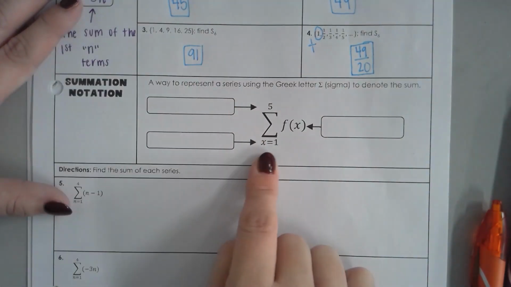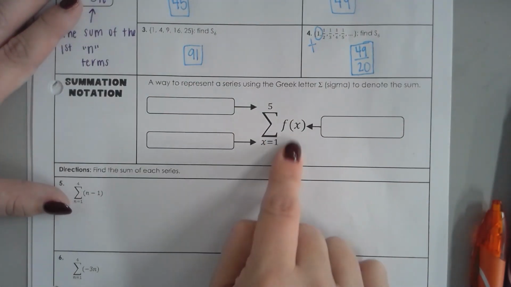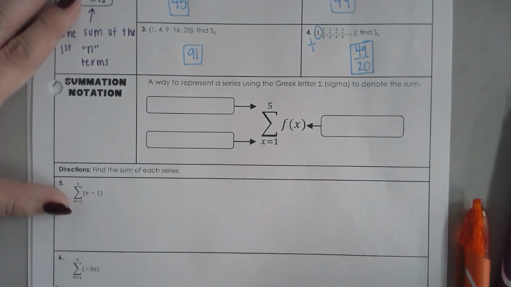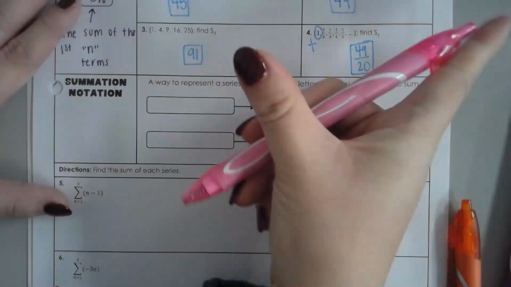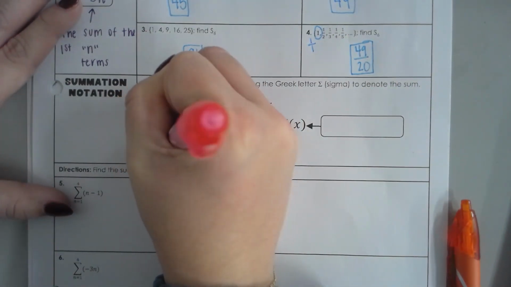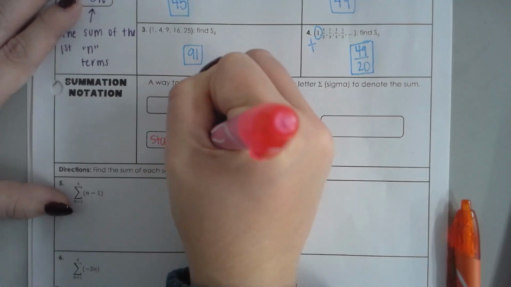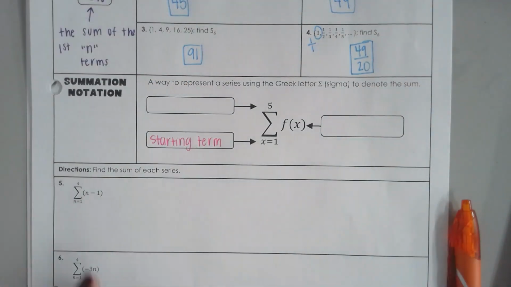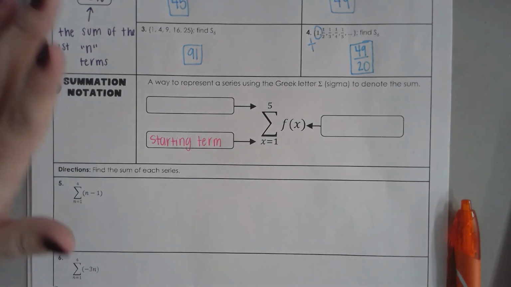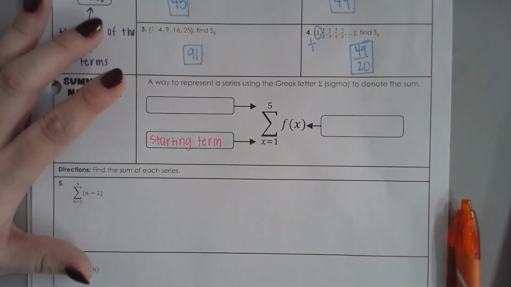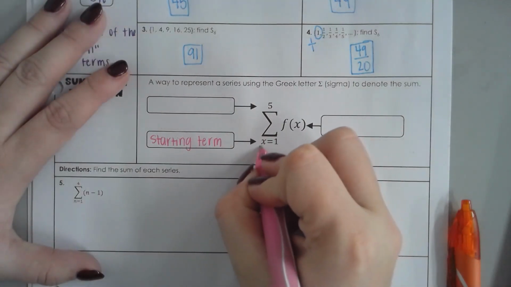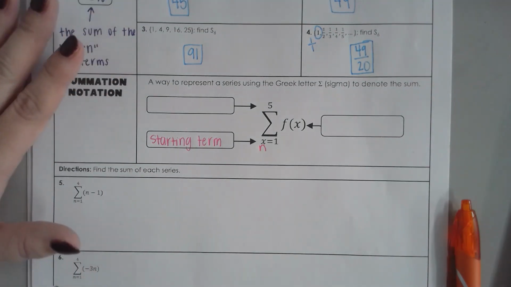So with sigma, there's going to be some blanks underneath it in your calculator. This tells us where we start, the starting term. In all of the 4 examples that I did, 1 through 4, I started with the first number. I started with term 1. Most of the time, you will put x equals or n equals 1 underneath.